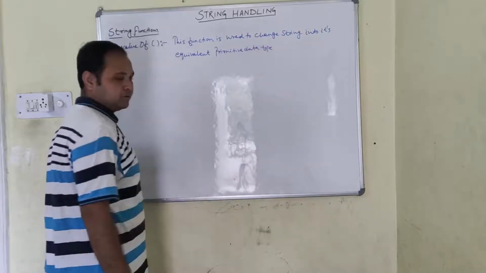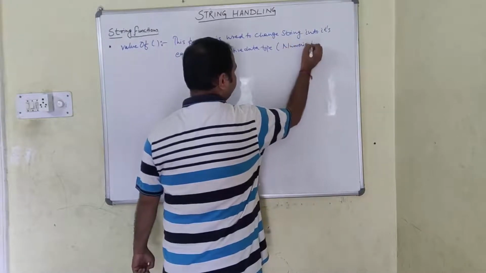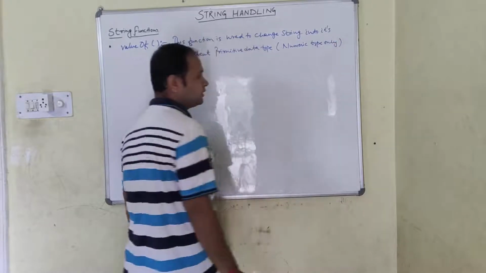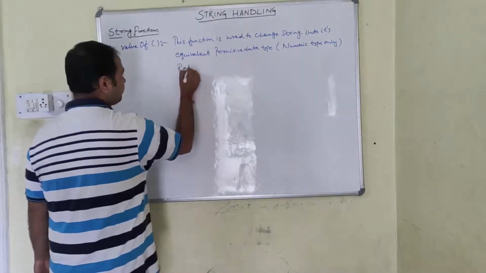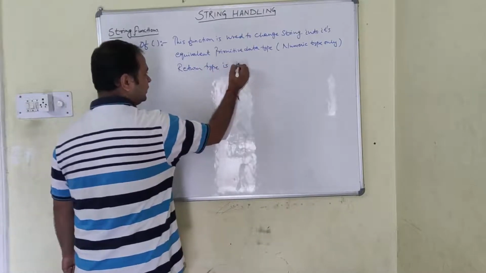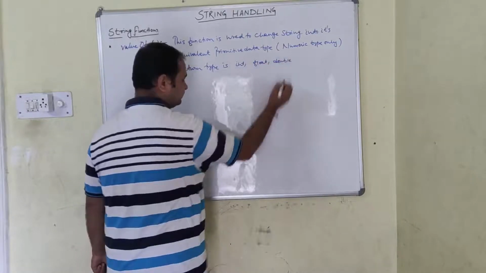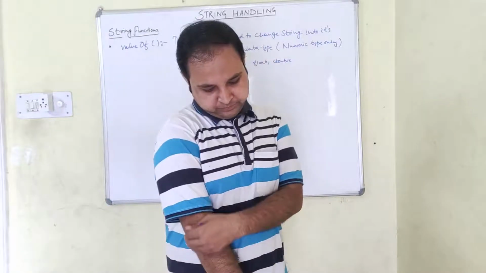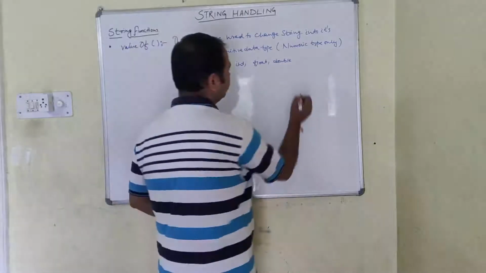Here we are using numeric types only, which means it can be either integer or decimals. The return type is int, float or double, or we can have it as long.